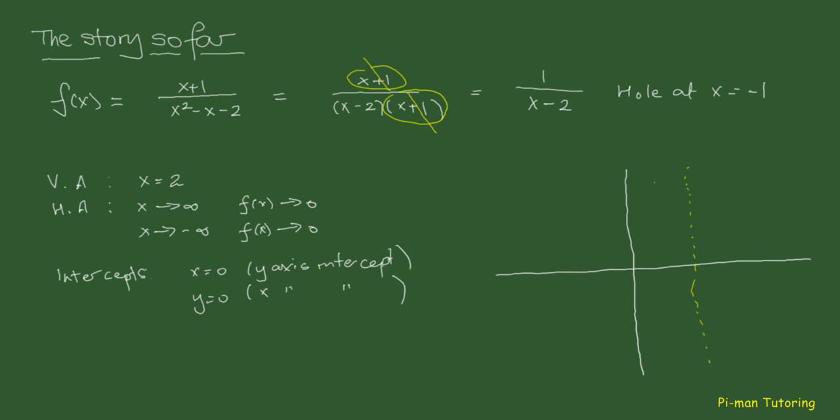So if x is a little bit bigger than 2, then the function 1 over x minus 2 would be 1 divided by a very small positive number. So we must be approaching infinity in this direction when we are just above the value of 2.